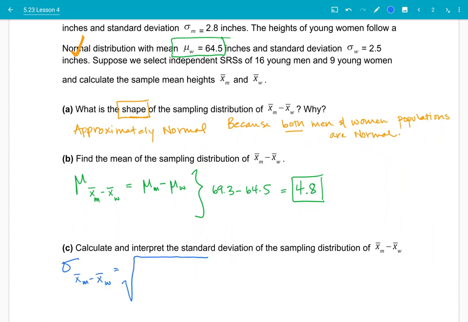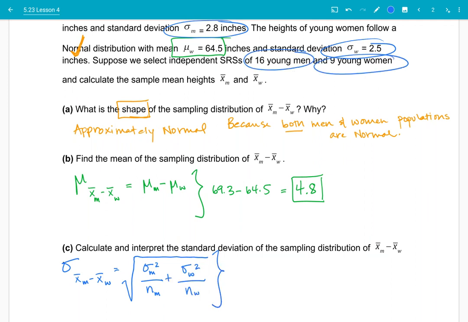It's going to be the population of men's standard deviation squared divided by the sample size of men, plus the population of women's standard deviation squared divided by the sample size of the women. Okay, so I'm trying to keep my notation to match what they did in the problem. Standard deviation of men was 2.8. Standard deviation of women was 2.5. 16 young men, 9 young women. So that's all the information you need.